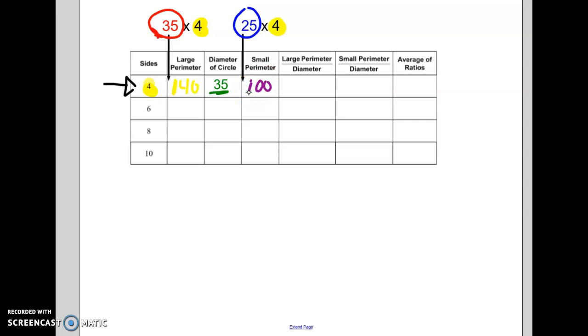Okay. Now this is where it's going to ask you to take the ratios of these things. This part here is calculating the ratios that they asked us in the first place.